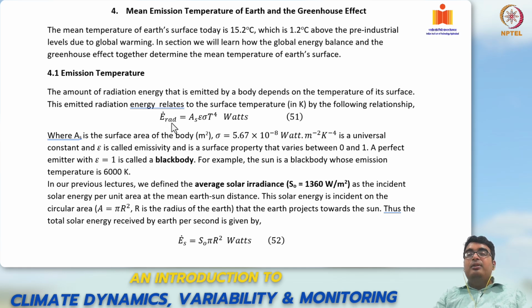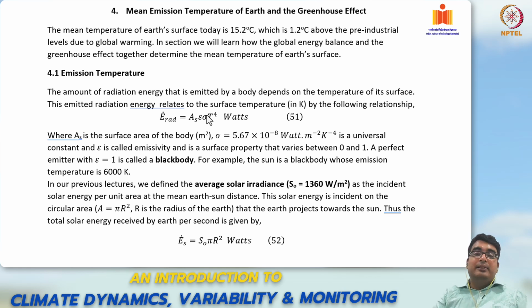Emitted radiation energy, which we are calling E dot rad, unit is in watts, joules per second. Amount of radiation energy emitted per unit time by a body is equal to the surface area of the body times the emissivity of the body. The emissivity of the body will be between 0 and 1. For a perfect black body, it will be 1. However, for Earth, which is not a perfect black body, it will not be equal to 1.